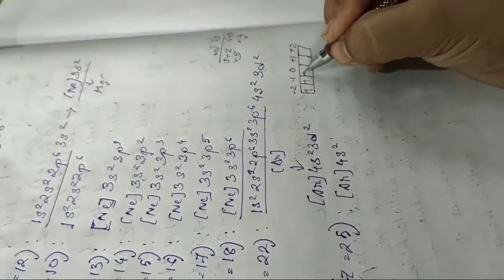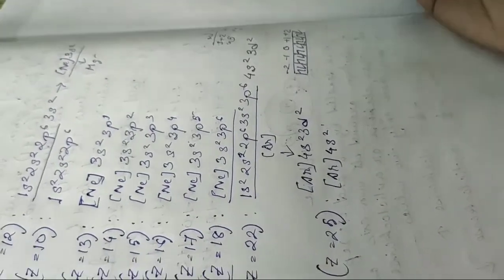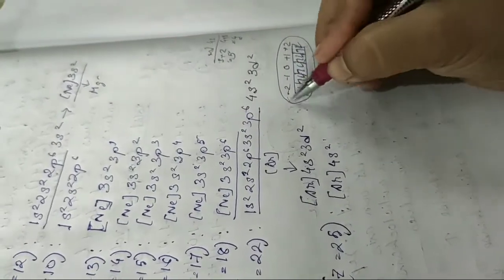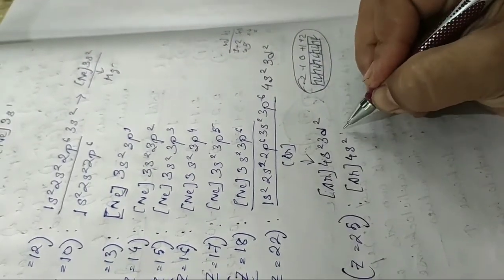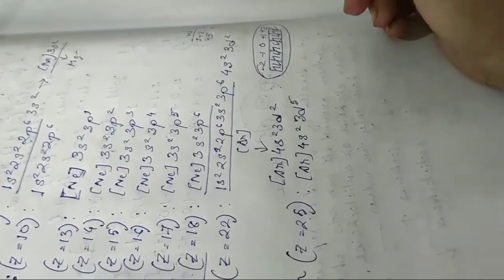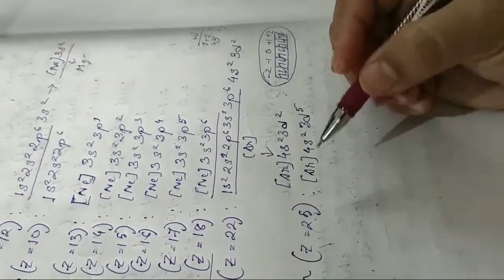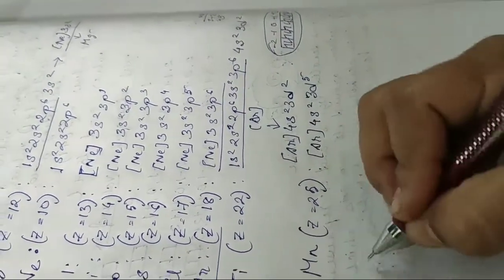Maximum 1, 2, 3, 4, 5, 6, 7, 8, 9, 10. Isn't it? So d can accommodate a maximum of 10. Now you need only fill 5 electrons, so it will be 3d5. So manganese will be argon 4s2 3d5.